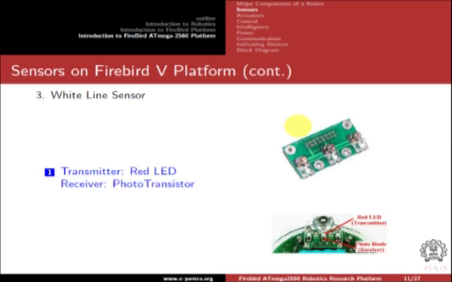So phototransistor receives different amount of reflected light at black and white surface, and so robot can make out whether it is on black surface or on white surface. Array of 3 white line sensors are provided with the platform. However, arrays of 5 and 7 white line sensors are also available and can be interfaced easily. Its location on Firebird is shown in the figure.